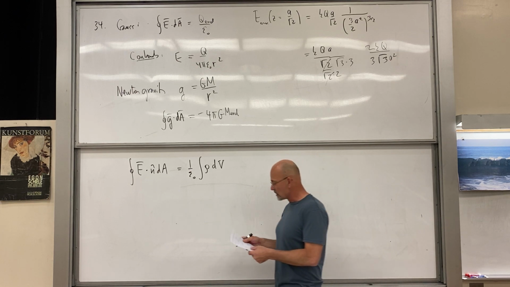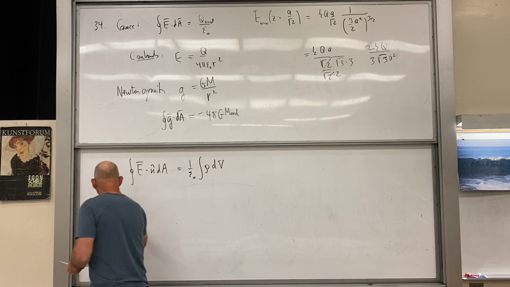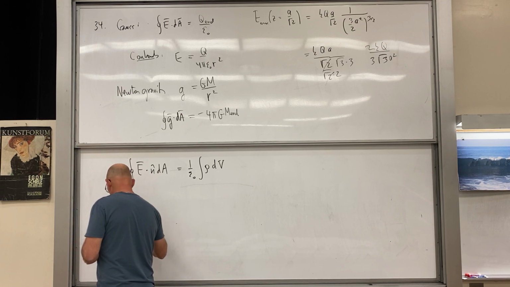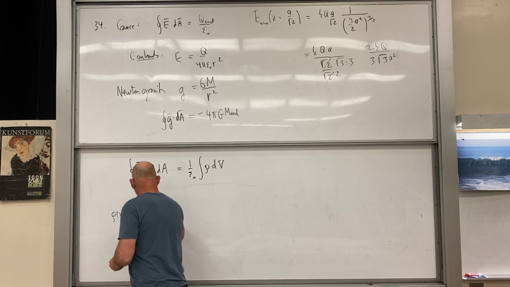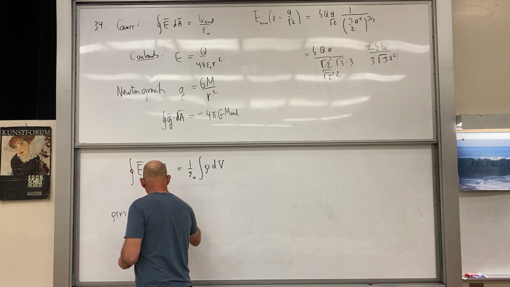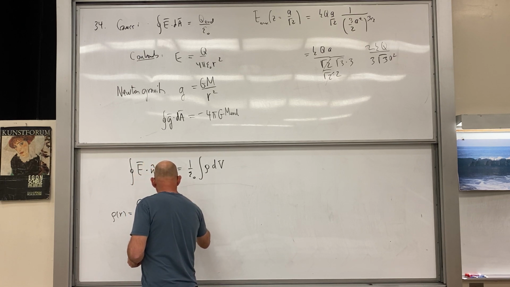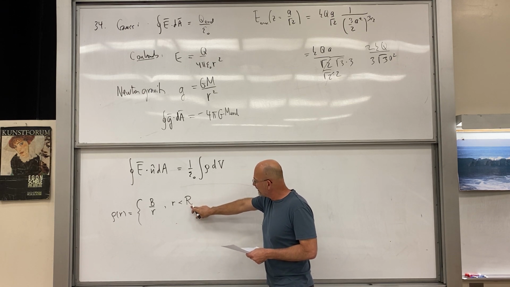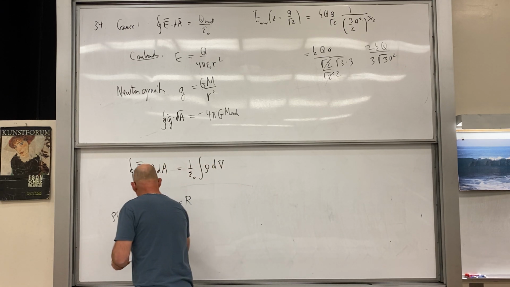Wrong page. So we're given a density rho of r is equal to B over r for radius less than the radius R, and it's 0 outside.